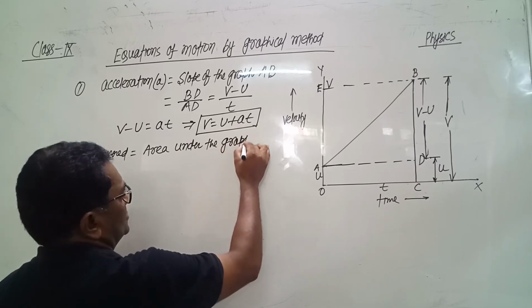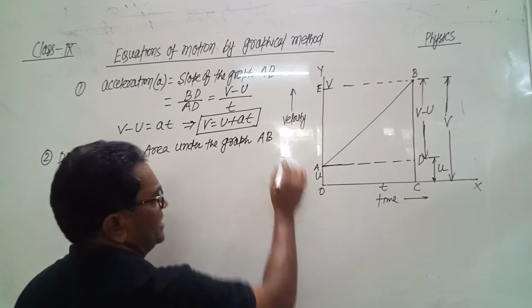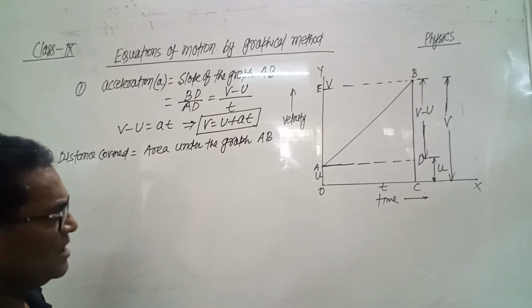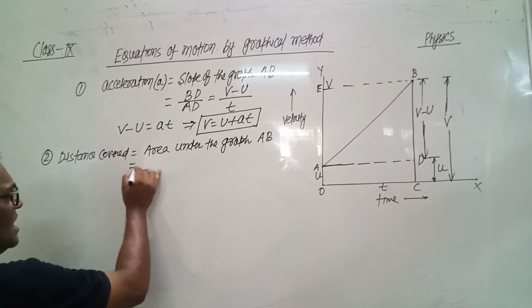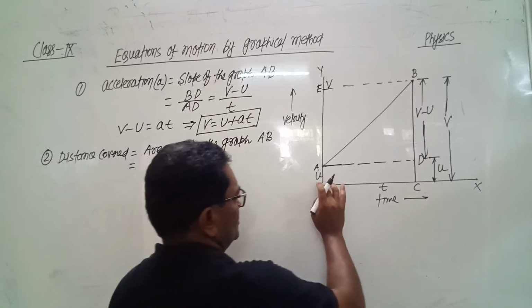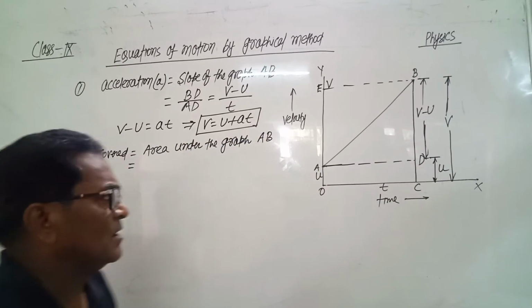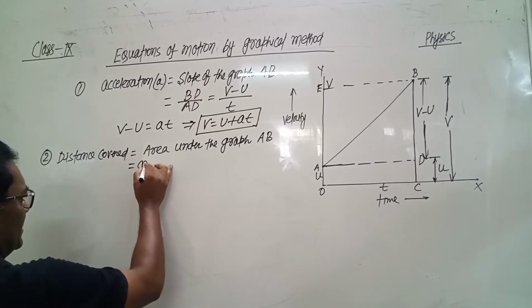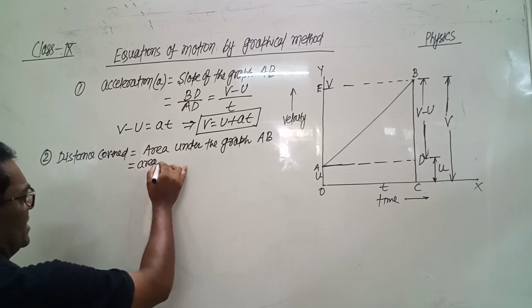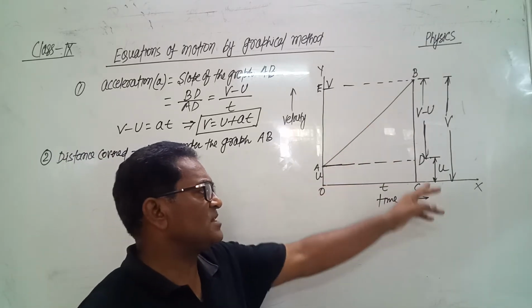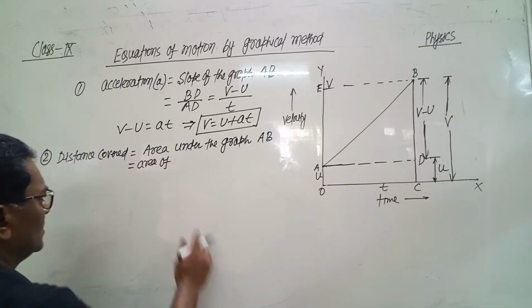Total distance covered by the body equals the area under the graph AB, which means the area of the figure OABC. This figure OABC is a trapezium.